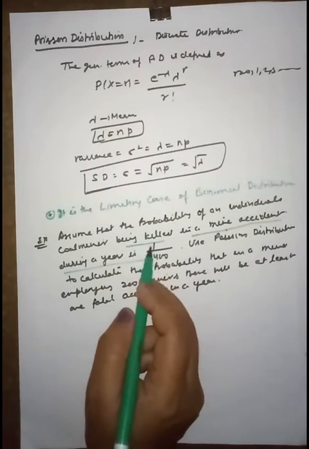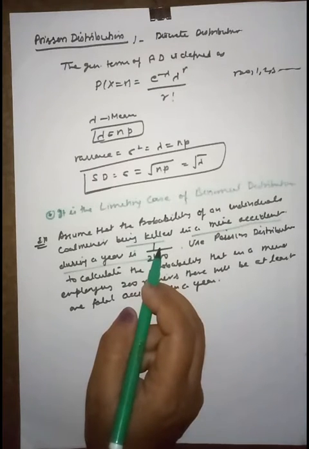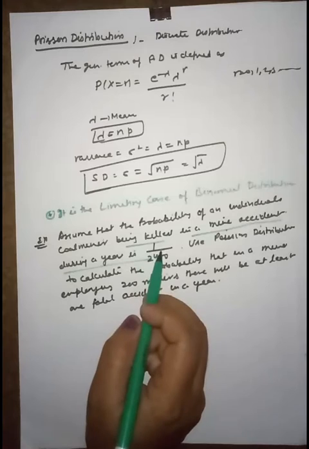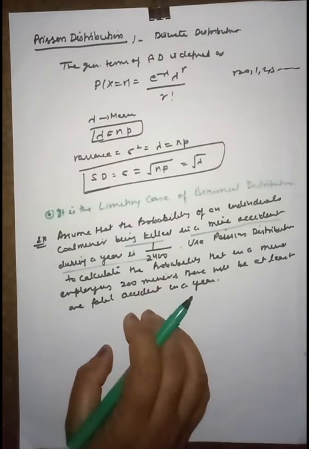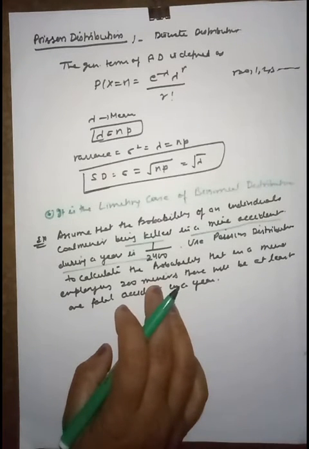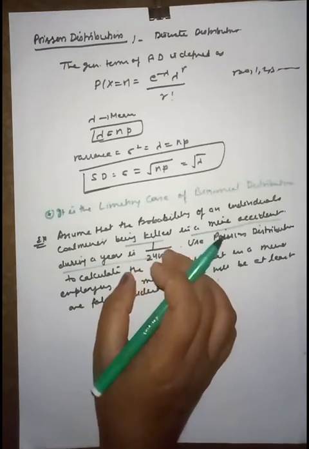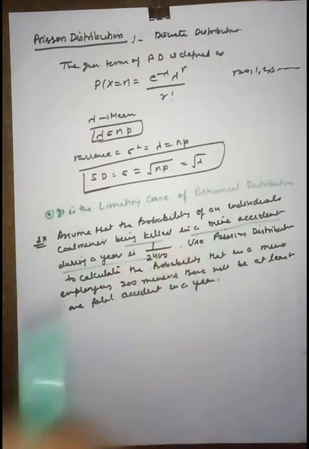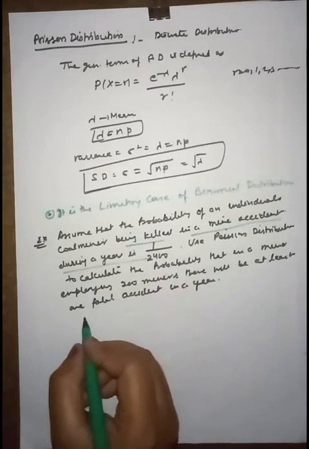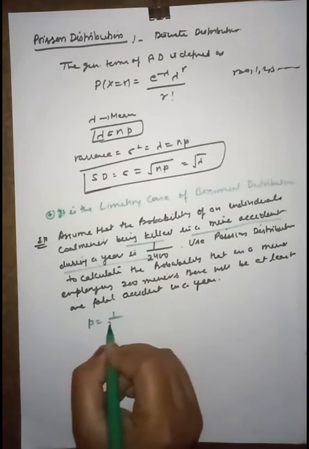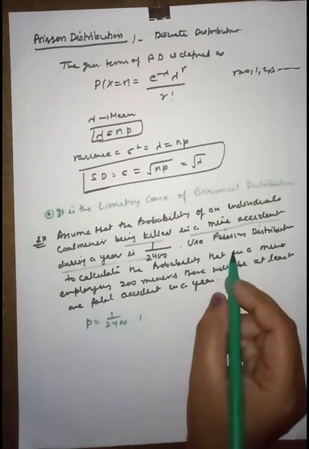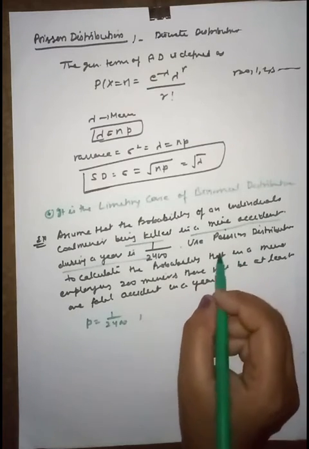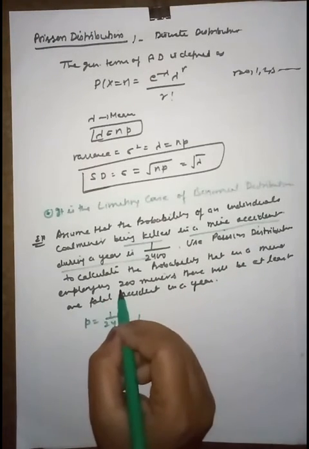That is, p is 1 upon 2400, a small value, and n equals 200 miners.